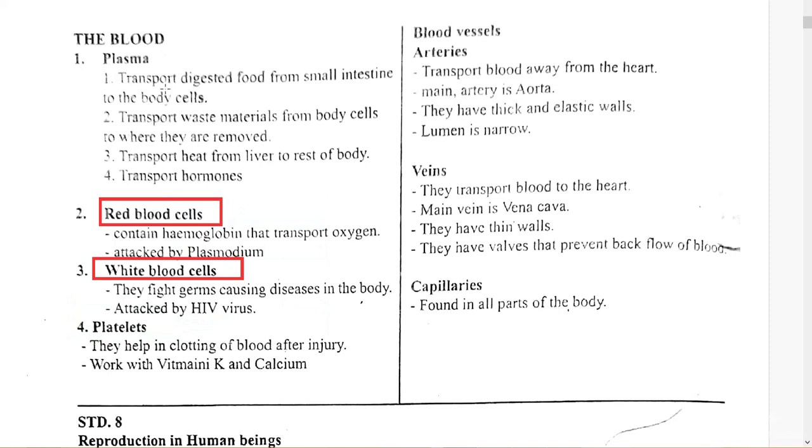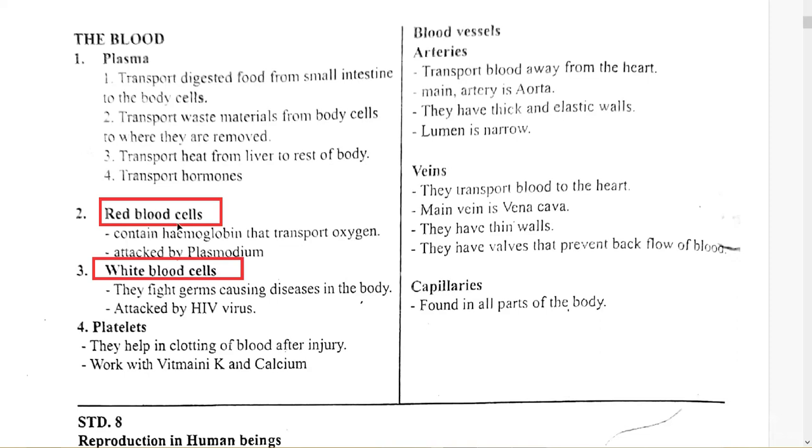The plasma transports digested food from the small intestine to the other body cells. Transports waste materials from body cells to where they are removed. Transports heat from the liver to the rest of the body. Transports hormones. So you may be asked, the following are the functions of the blood plasma except, so you must know which one is not a function. So except what?